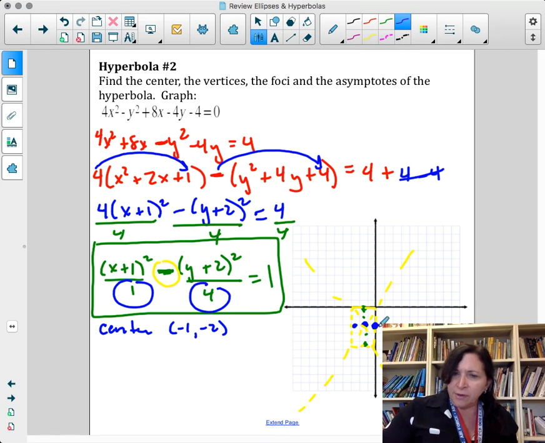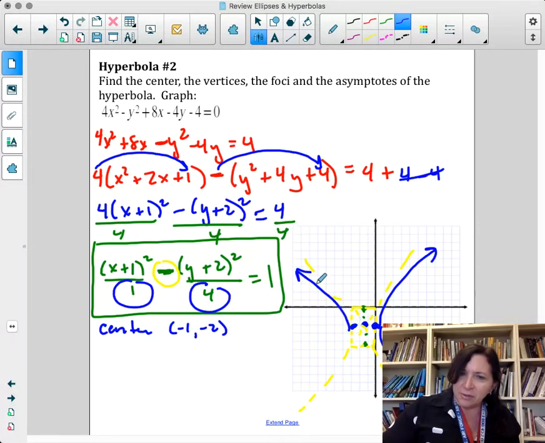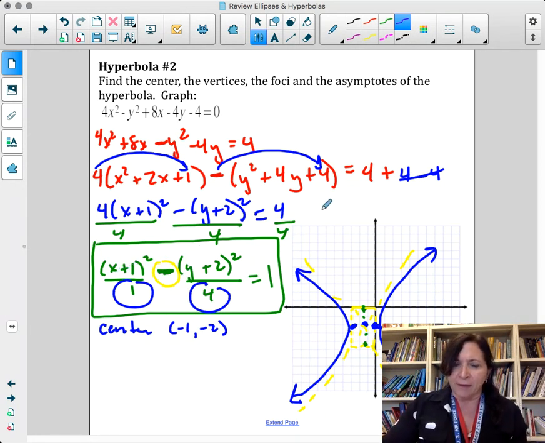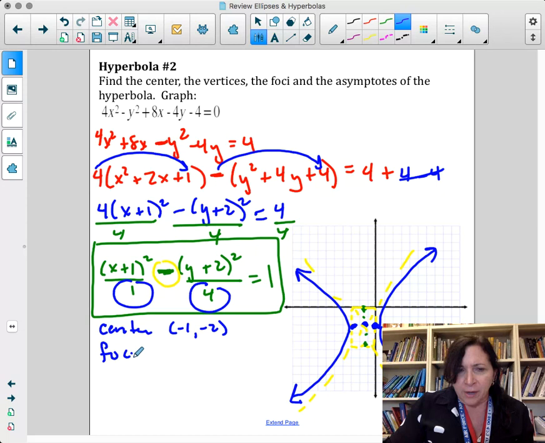So therefore, there's my vertex, and my graph is going to follow the asymptotes, and it's going to look like that, okay? Remember that if the x term had been negative, my graphs would have gone up and down as well.